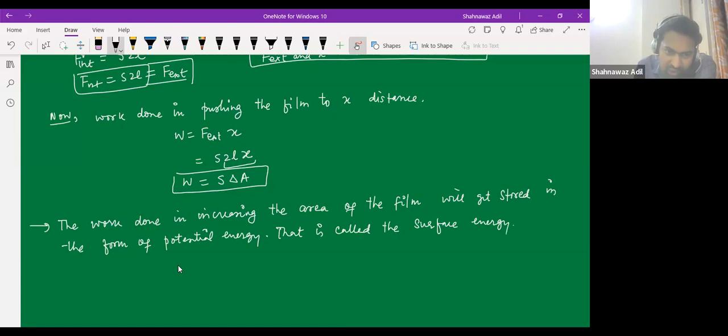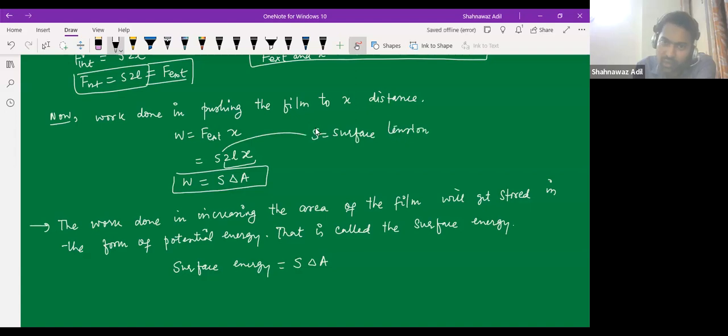So your surface energy is what? This is S into delta A, right? S is what? S is your surface tension. So you again got one definition from surface energy.